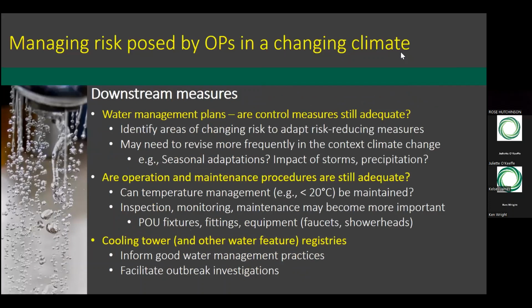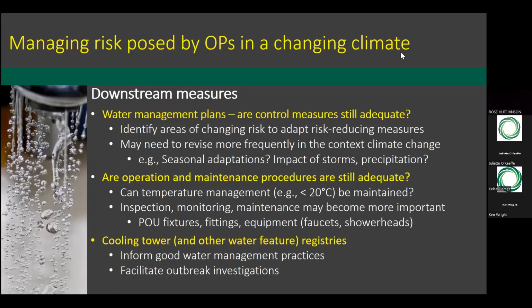Water management plans are already in use, but are the controls still relevant in a changing climate? Are there new areas of risk we have to adjust to? Or do we need to revise these systems more frequently or implement some type of seasonal measures or measures following storms or precipitation events?